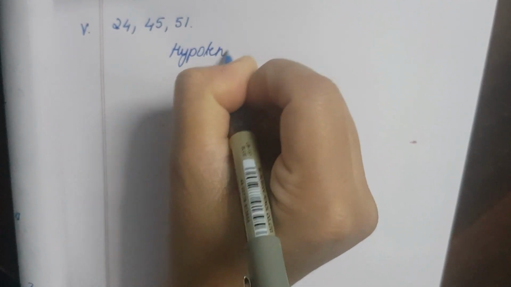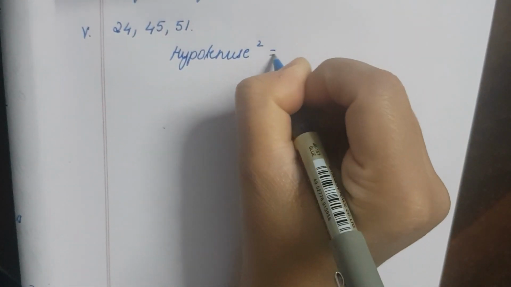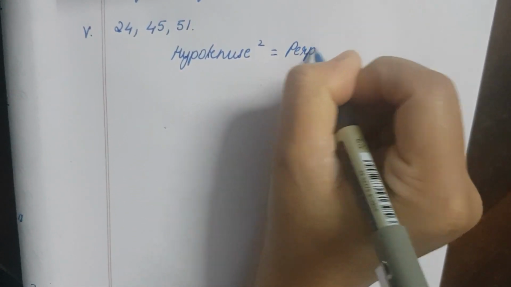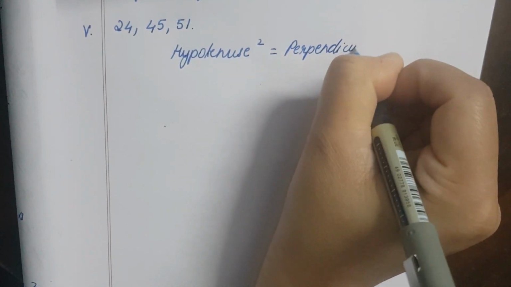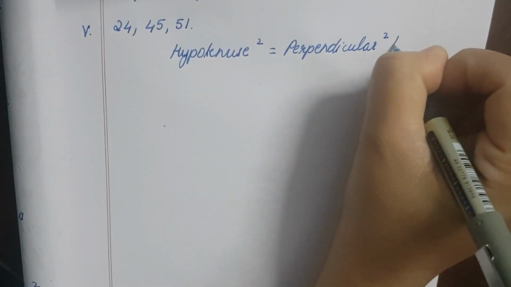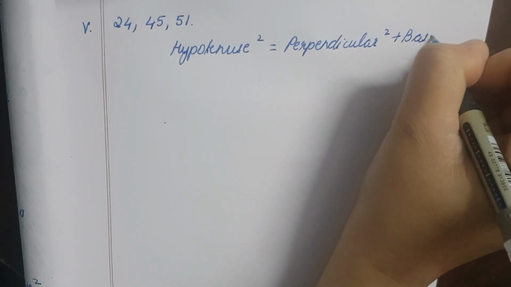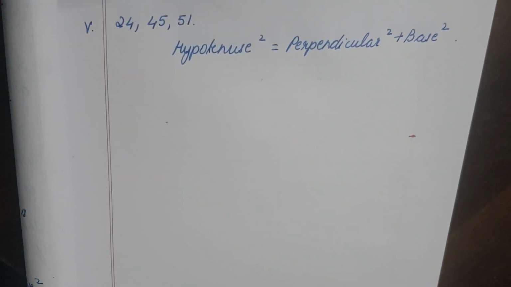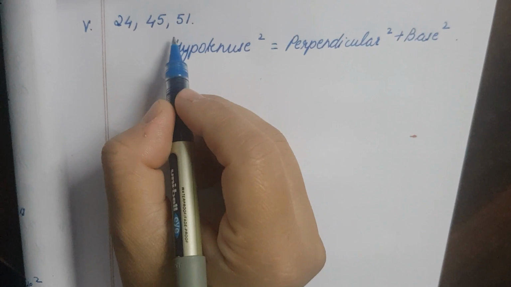So the formula is again hypotenuse square is equal to perpendicular square plus base square. So hypotenuse is the longest side, the biggest number, which is 51.